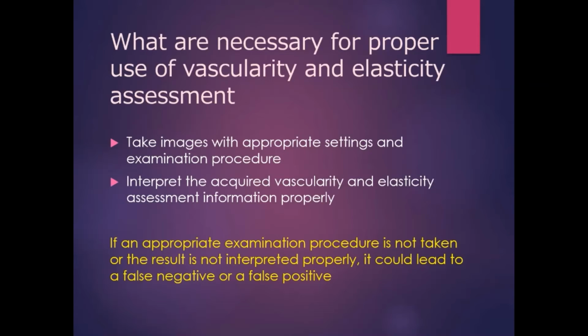First, take images with appropriate setting and examination procedure. Second, interpret the acquired vascularity and elasticity assessment information properly. If you make a mistake in these matters, it could lead to misdiagnosis.